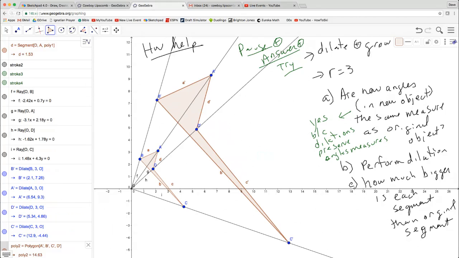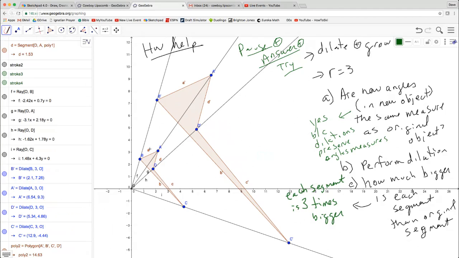Now, my final question, C, was how much bigger is each segment than the original segment? Well, the answer to that, for those of you getting A pluses, is it should be 3 times bigger. Each segment is 3 times bigger.